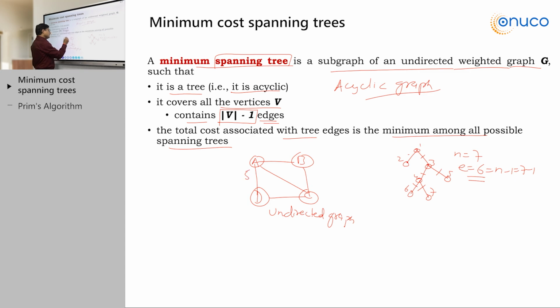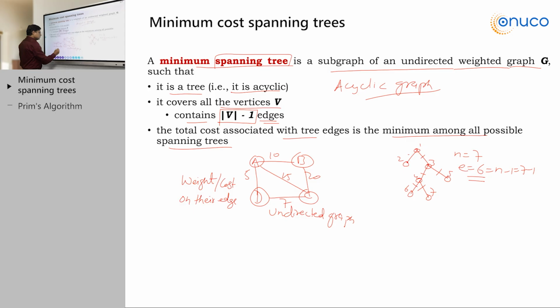Now if I write here 5, 10, 15, 20, 7, now a weight is there on each edge, a weight or cost on the edge.